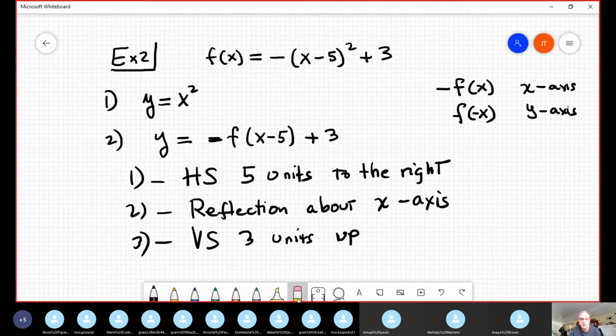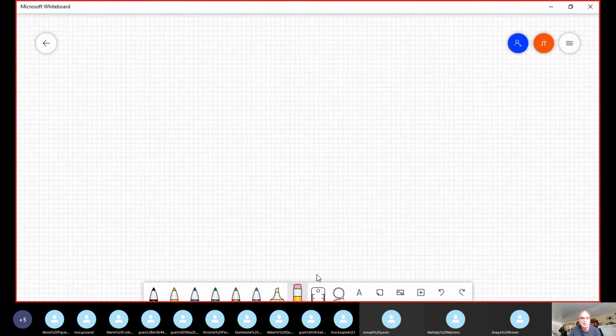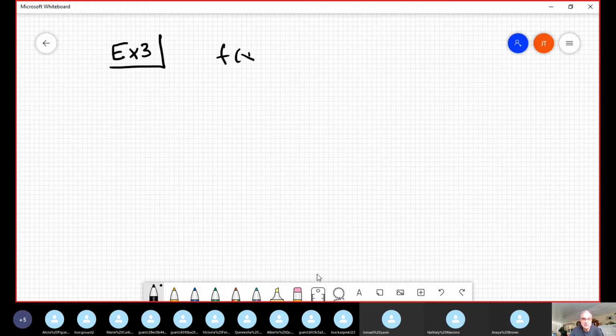Now you help me. Example 3 is, look, f of x equals (x minus 1) to the cubic power plus 7.